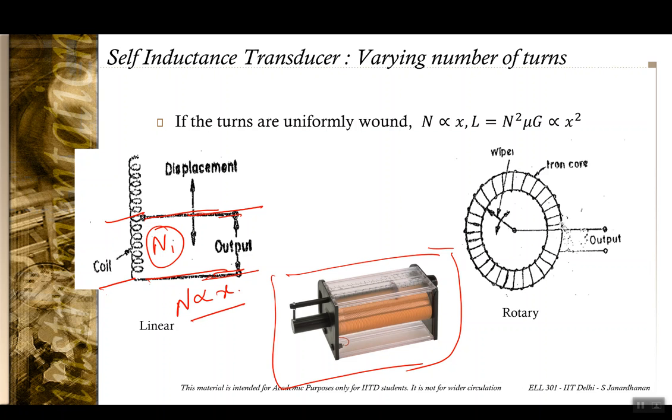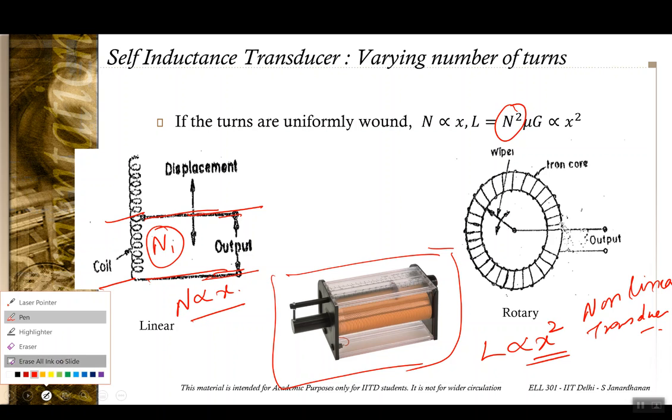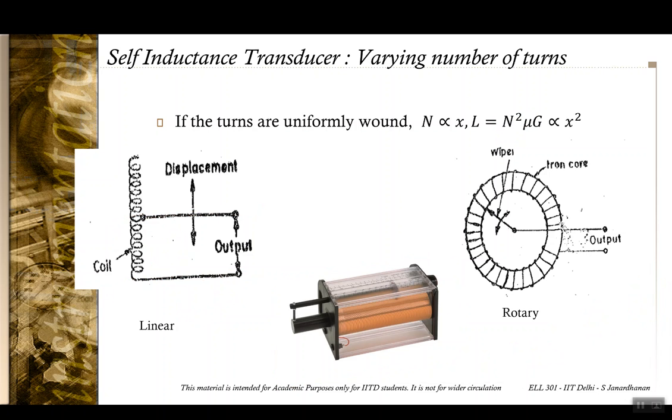However, it should be noted that L is proportional to N squared. So what you end up with is the inductance being proportional to the square of the displacement. So this is a non-linear transducer. The displacement to inductance relationship is going to be nonlinear, and the construction can be very easily translated from a linear circuit to a rotary circuit.